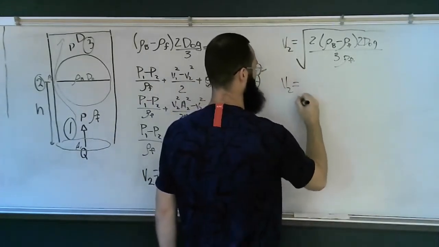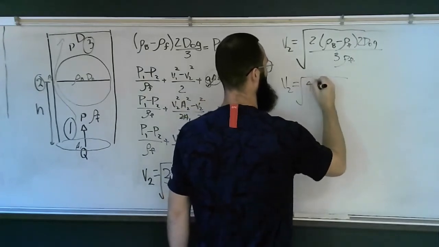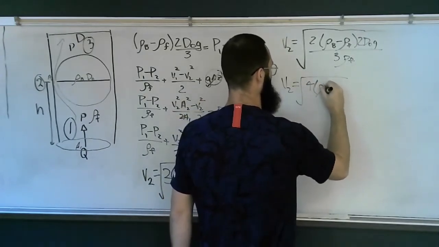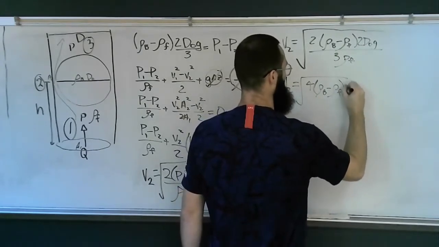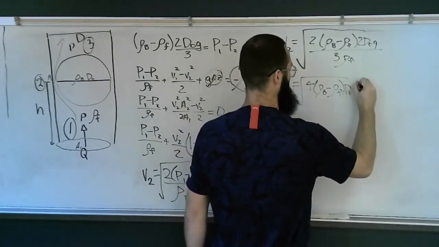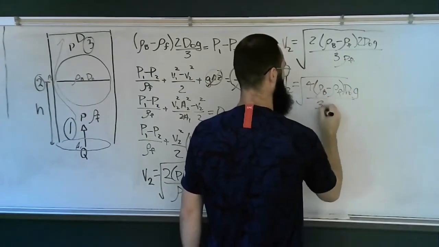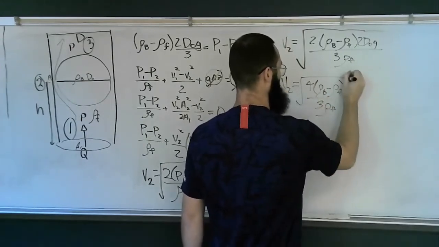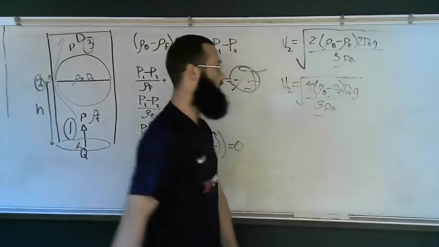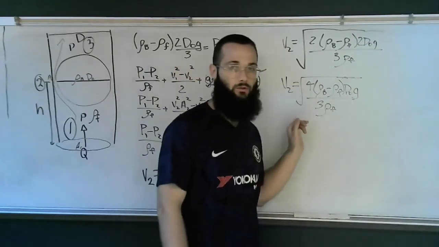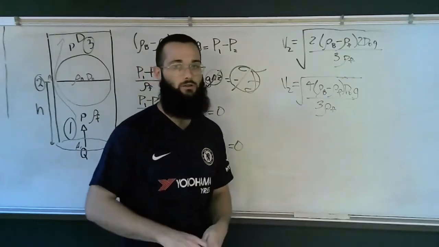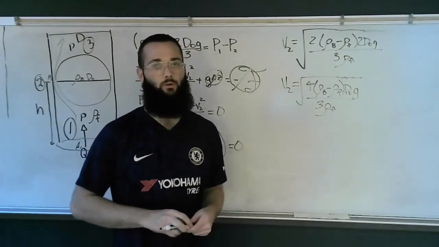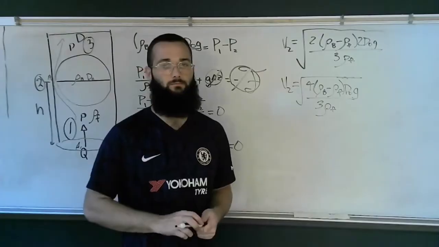That gives us V2 equals the square root of 4 times rho B minus rho F, d naught times g, all over 3 times the density of the fluid. This will be the velocity at point 2, and we can use this in conjunction with the height of the fluid in order to make the final expression.